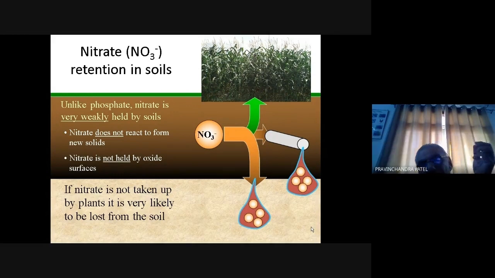So we should never apply excessive nitrogenous fertilizer in soil. Otherwise, there will be water pollution, because we are drinking water withdrawn from the earth that contains more nitrate.